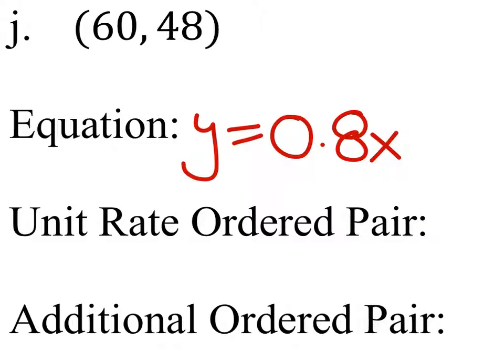So with that, what would the unit rate ordered pair be? 1 and 0.8.